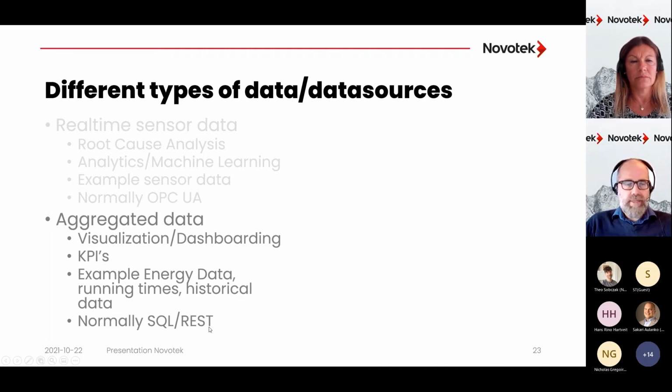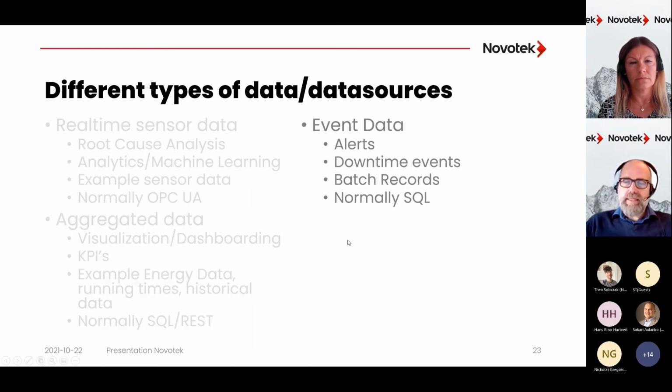We normally integrate that with SQL or REST, because you do SQL queries or REST queries towards those types of data sources. Event data is more like alerts, downtime events, batch records. That normally resides in some sort of SQL database on the local OT system. But we need to integrate to that also.